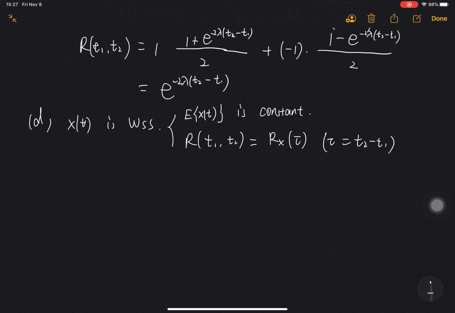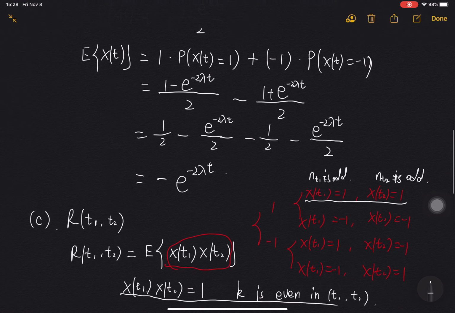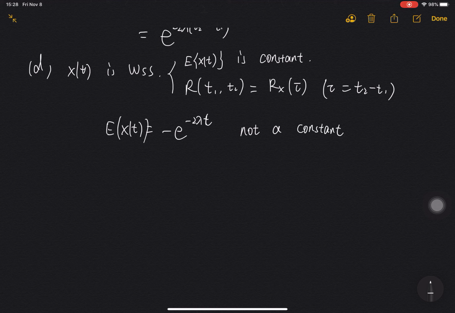Right now we can see that the expectation of X(t) is minus e to the minus 2 lambda t, and this is definitely not a constant, so it's not WSS. So that's all about the video homework.